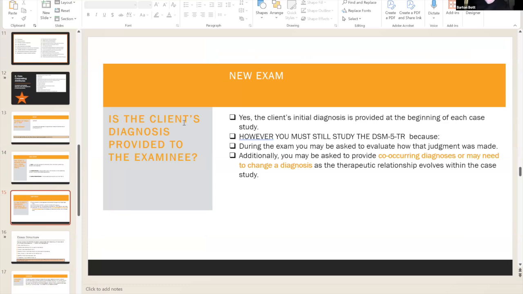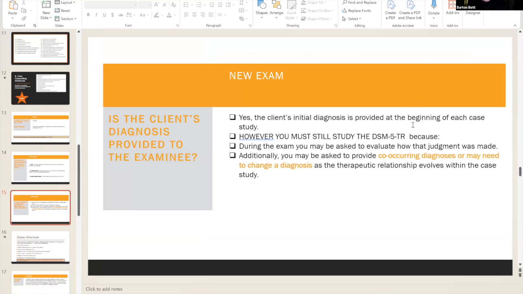Now, you probably heard me just say in the intake, you also get a diagnosis. So if the diagnosis is provided, do you still have to study the DSM-5? Well, yes, you do. And why?